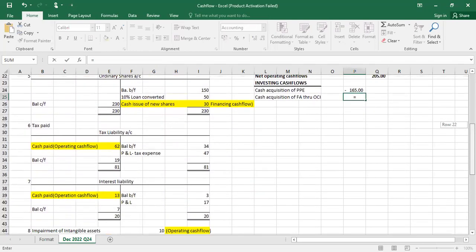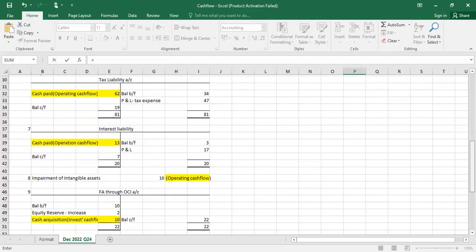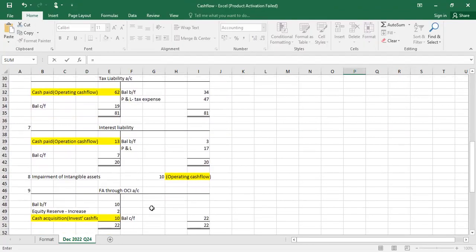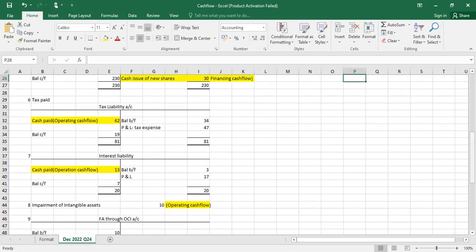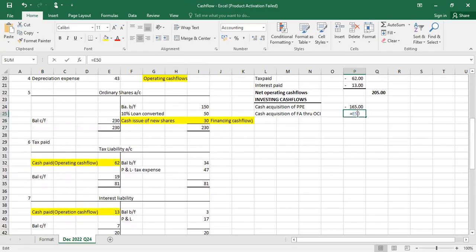The financial assets through OCI was working number 9. If you refer to working number 9, we computed the cash purchase as 10. So again, we'll have negative 10. So that should be a negative, equal to minus 10. We do not have anything else that we acquired in cash.